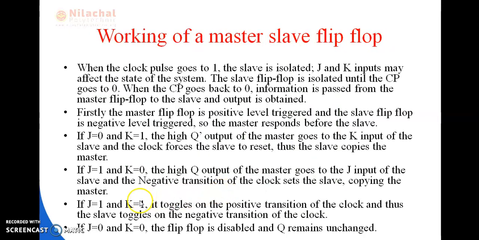Then the third condition is if J equals 1 and K equals 1, it toggles on the positive transition of the clock and thus the slave toggles on the negative transition of the clock. The last condition is when J equals 0 and K equals 0, the flip-flop is disabled and Q remains unchanged. So these are the four conditions of the master slave flip-flop.